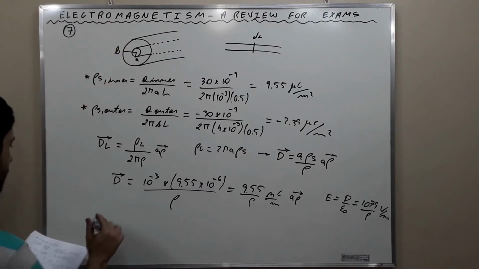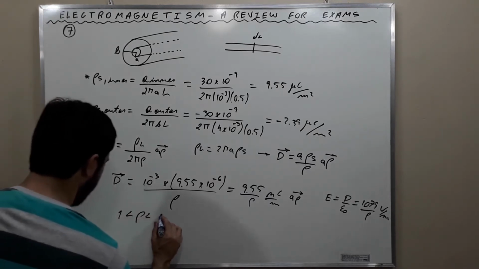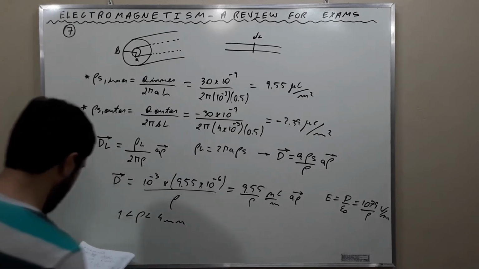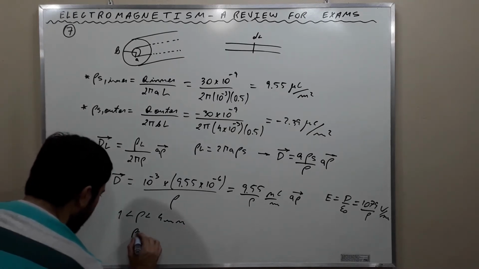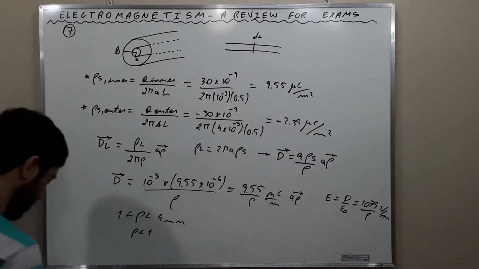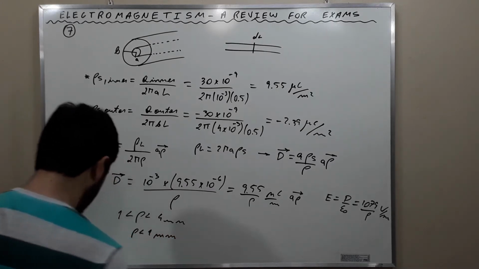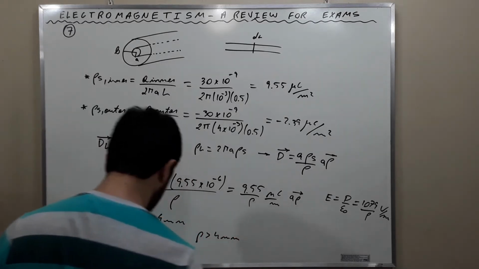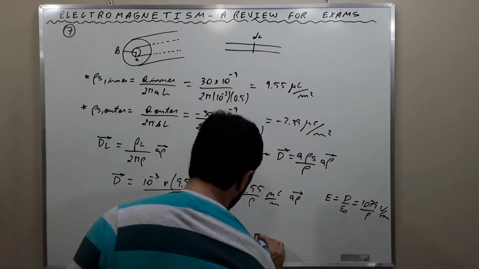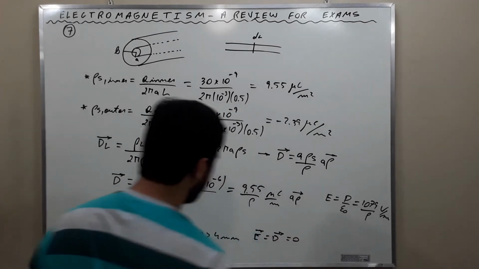The expression applies for 1 millimeter less than rho less than 4 millimeters, and if rho is less than 1 millimeter, or if rho is greater than 4 millimeters, then both E and D are equal to 0.